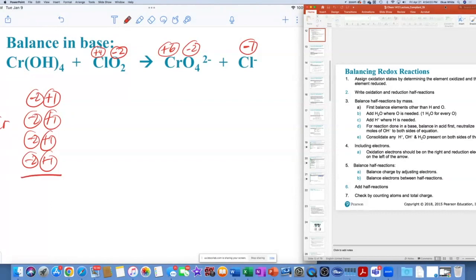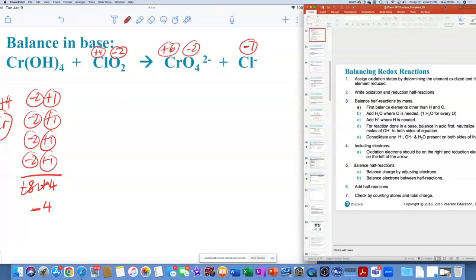You want to total this, right? +1 +1 +1 +1 is +4. And then -2 -2 -2 -2 is -8. So when you combine these, you end up with a total of -4, right? So essentially, chromium has to be +4. That's one way you can look at it.